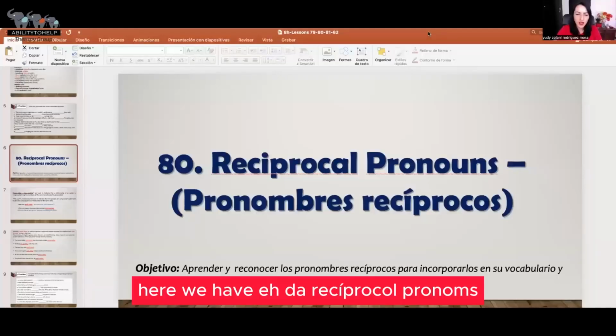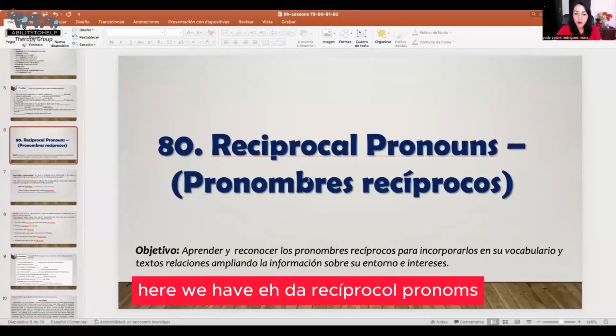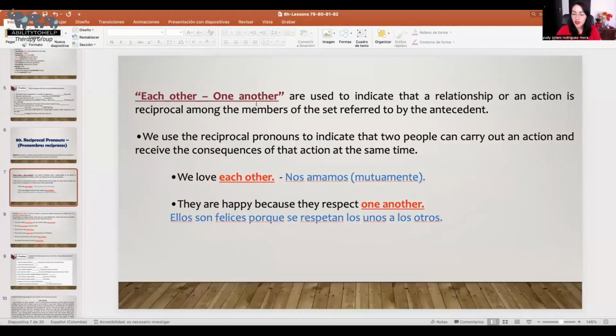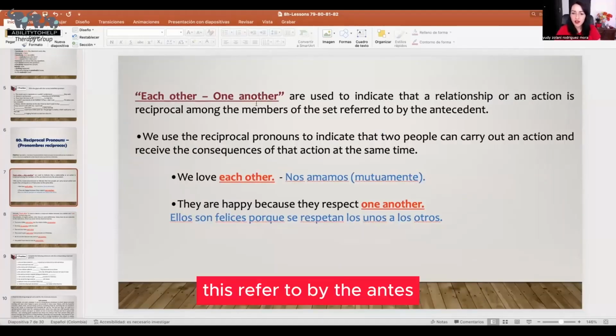Here we have the reciprocal pronouns: each other and one another. These are the reciprocal pronouns and are used to indicate that a relationship or an action is reciprocal among the members of the set, referred to by the antecedent.